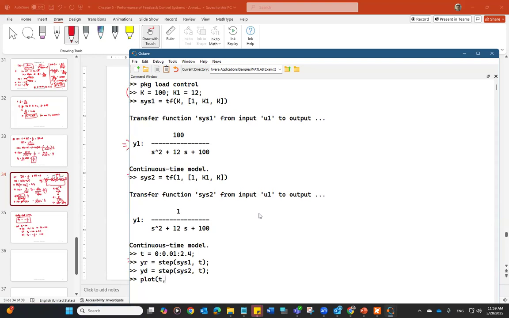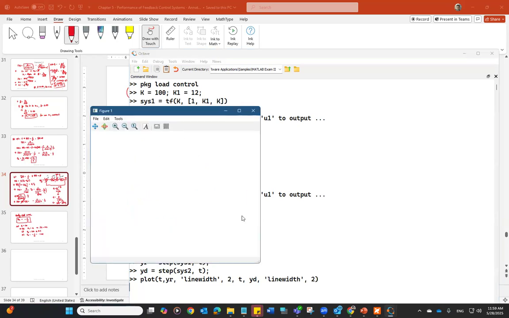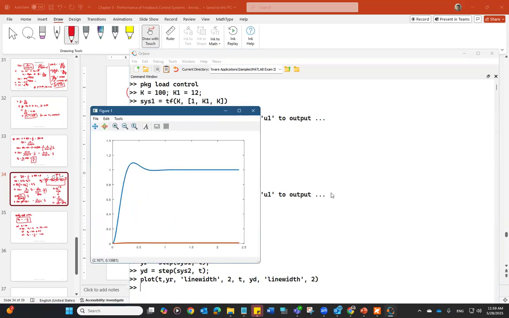So T comma YR, and let me make it a little bold, line width 2. And then T comma YD, line width 2. Okay, so this is my response.